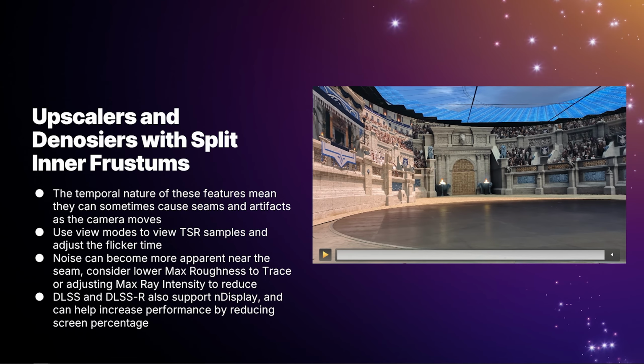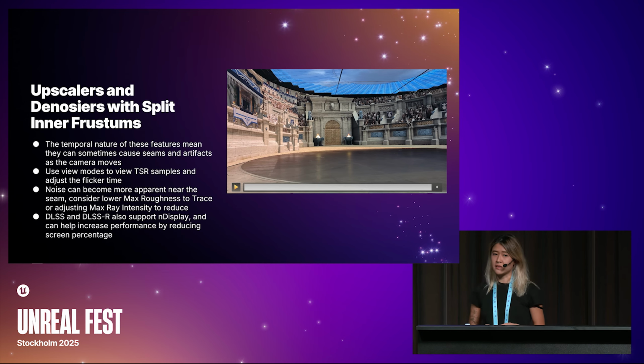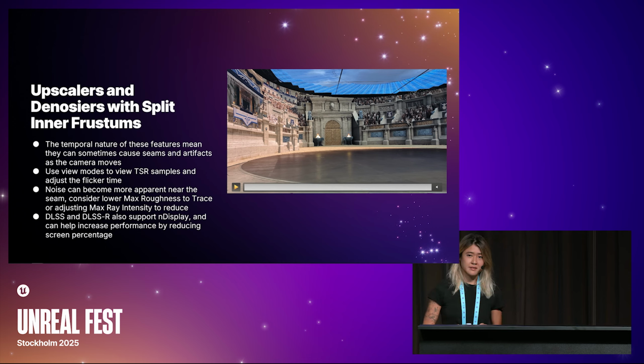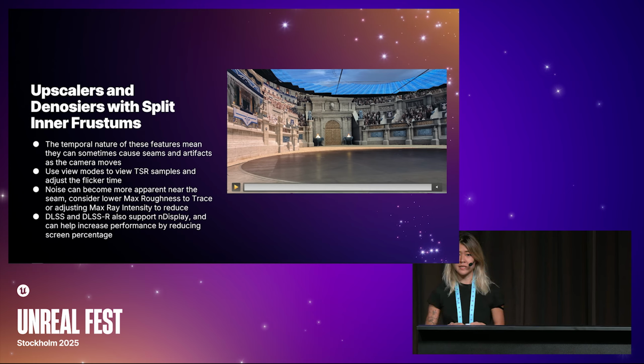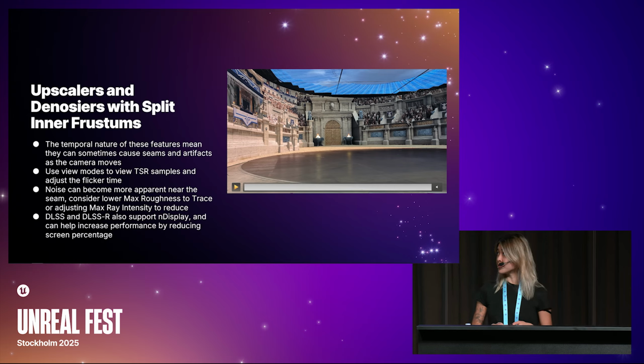You can decrease the time or change the number of samples to try and adjust for that seam. You can also tune things like max roughness to trace or max ray intensity, which adjusts how bright things are. Especially for noise, you'll sometimes see a trail of sparkles when the frustum moves across. So if you decrease that, it won't be as reflective or shiny. So you might be able to fix some of the seams that way.